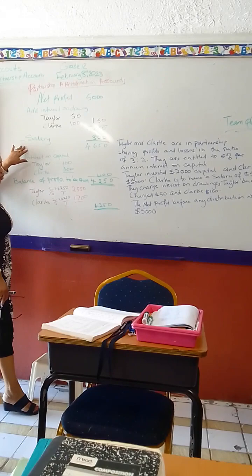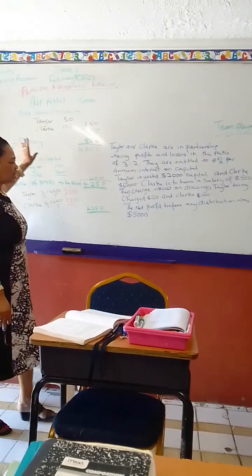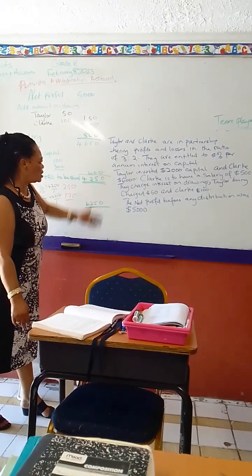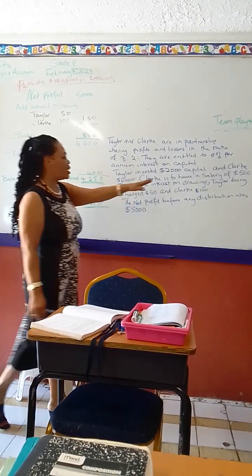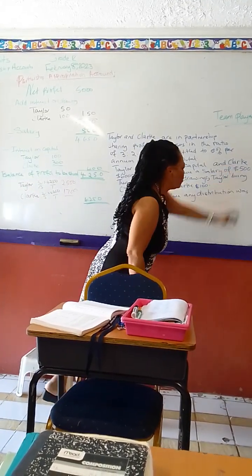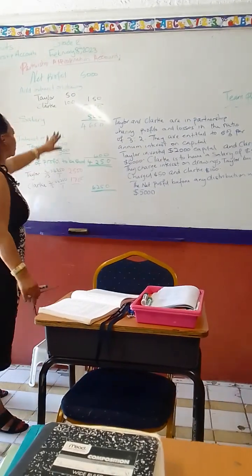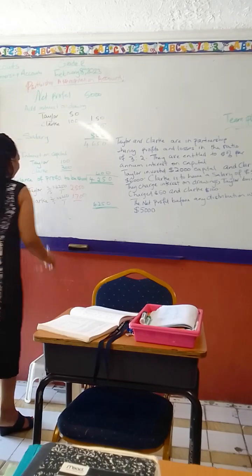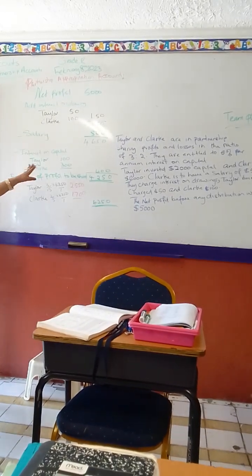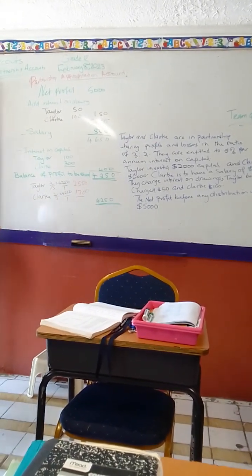After that, I'm going to subtract salary. In this case, only one person got salary. It says over here that Clark is to have a salary of $500. So I'm going to minus that 500.